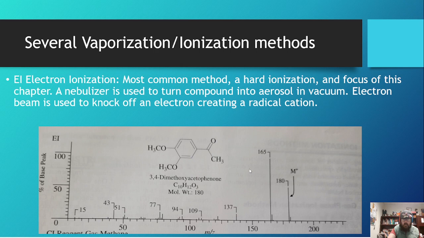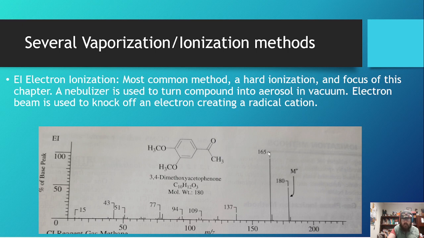As the detector detects these ions later on, it's how many of these guys do they see? How many 165 peaks do we see? How many 137 peaks? How many 109? Which peaks form depends on the stability of the cation and the radical and where they got hit.